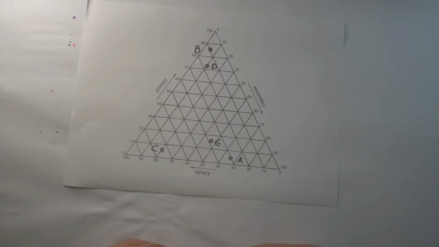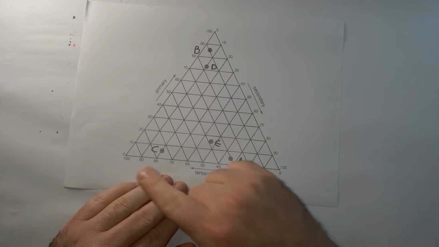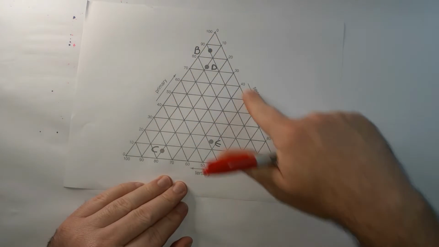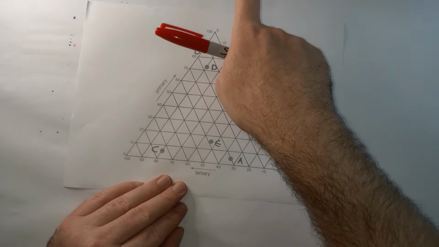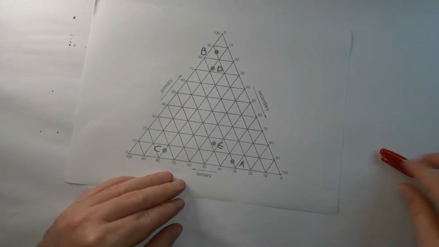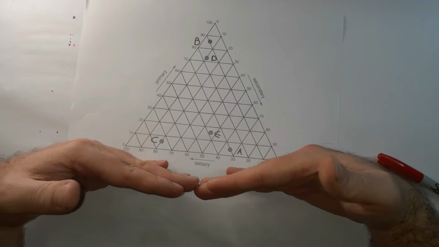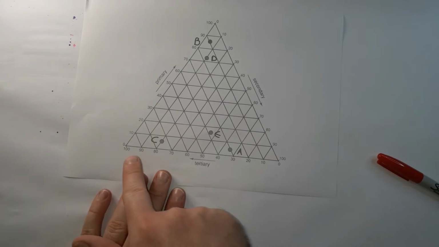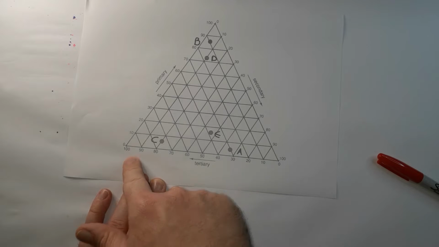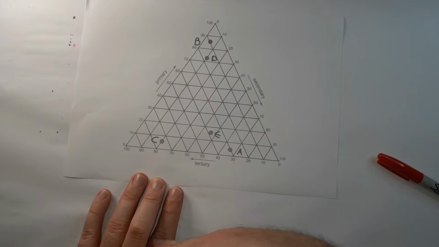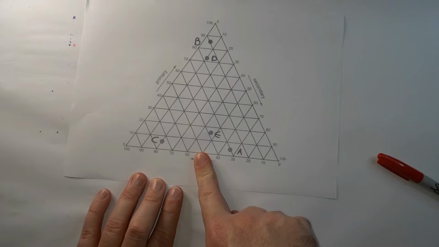I'm going to do each one on its own, and I'm going to look for the axis which has got 0 facing towards me and 100 pointing away from me. So at the moment, towards my tummy, I've got the base of the pyramid or the triangle, and the tertiary axis has got 0 and 100, all the numbers towards me. So at the moment, I'm going to ignore the tertiary axes.